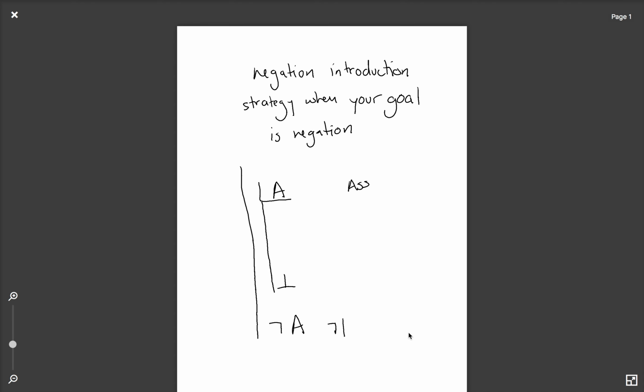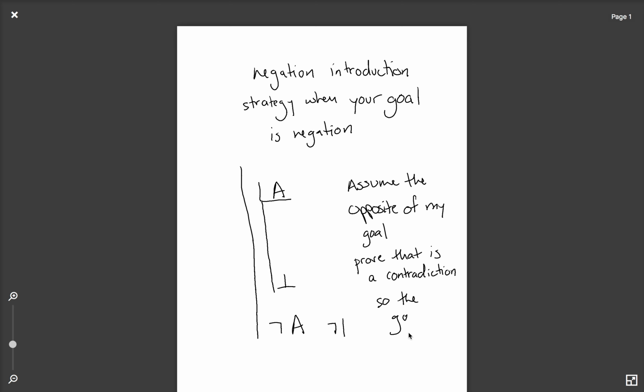So what I do is I assume the opposite of my goal, prove that it is a contradiction. So the goal must be true.